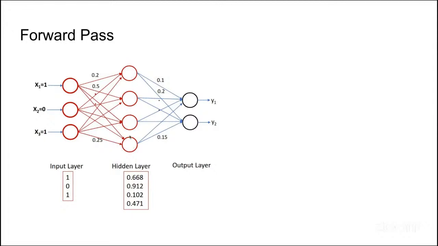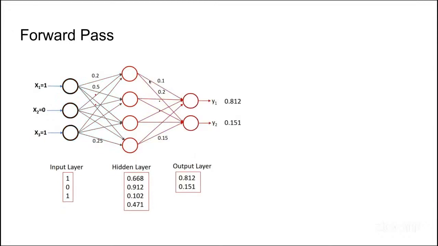In all these layers, we have applied a sigmoid activation function to all these neurons. The nonlinear function is a sigmoid activation function. Now, once you have these values 0.668, 0.912, 0.102, 0.471 for these neurons, we pass them through to the next layer.